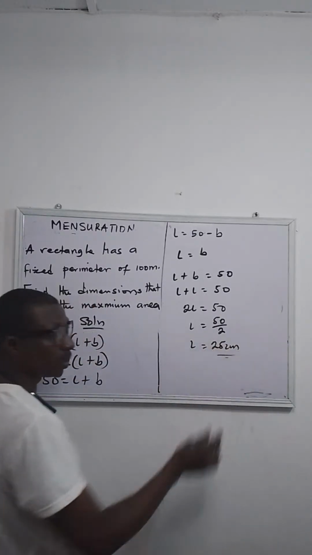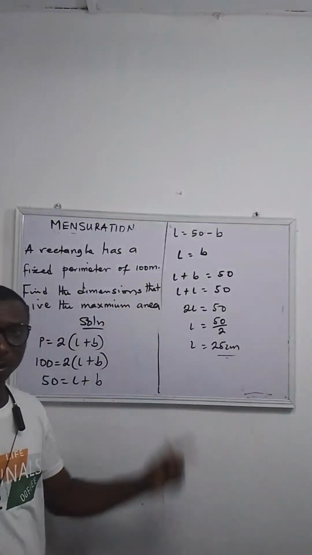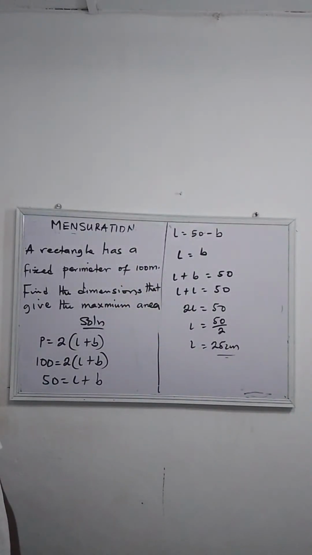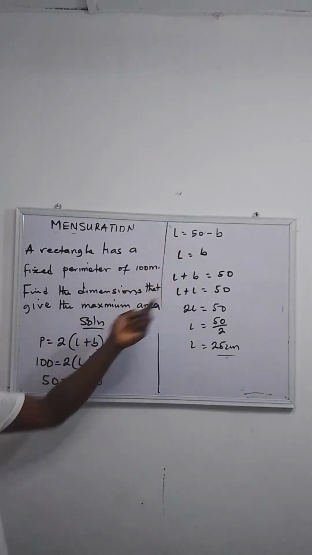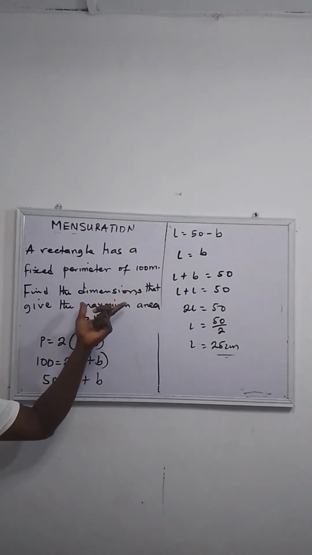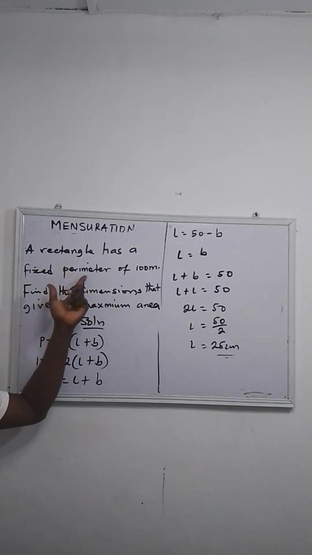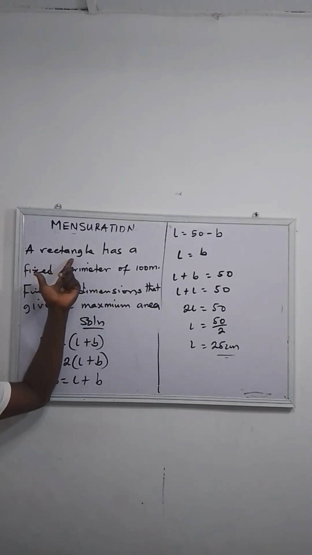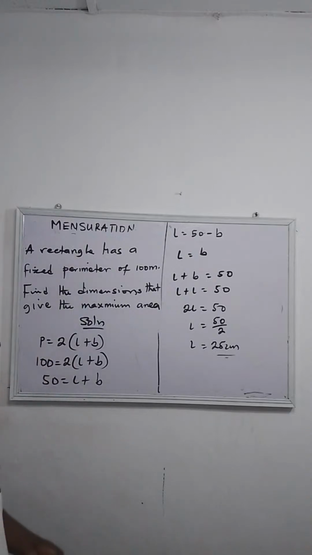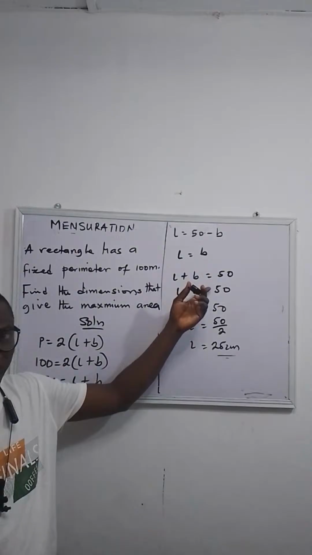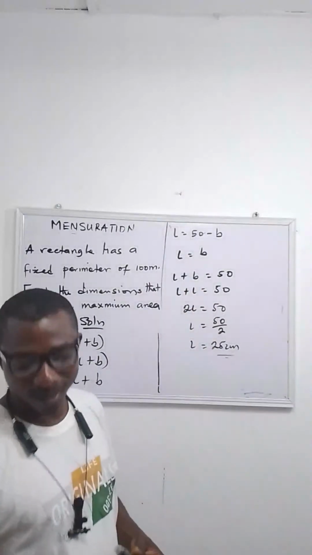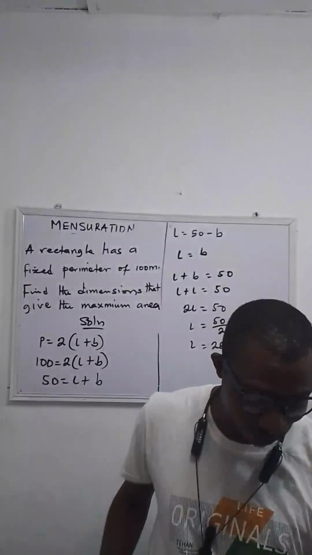You can do it this way instead of using the quadratic form. Just know that the length must be equal to the breadth for us to have the maximum area for any given rectangle. So that is the solution. The breadth is still going to be 25.